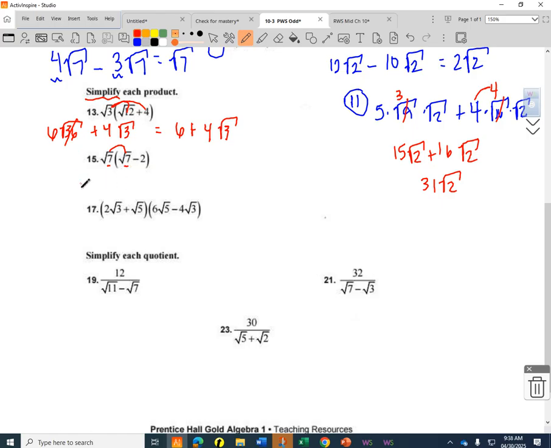So it's 7, and now it's square root of 7 times negative 2. Anthony, what's the square root of 7 times negative 2? Very good. So it's going to be minus 2 square root of 7. And that's it. That can't be simplified any more. Any questions?